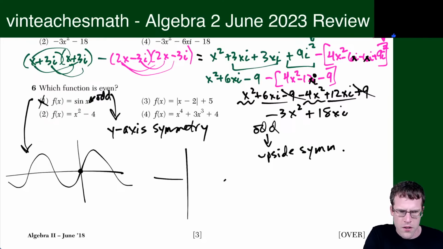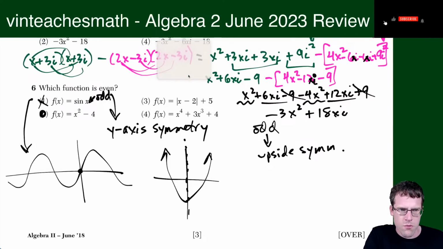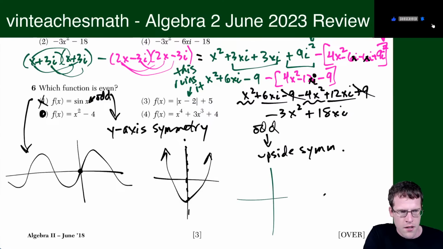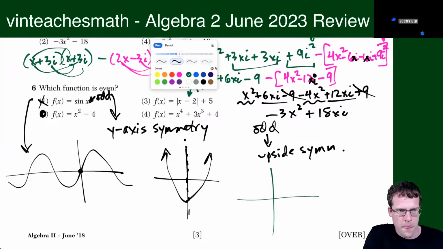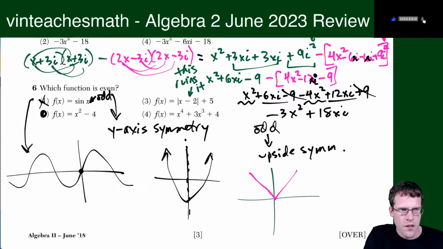This one looks good. X squared minus 4 looks like this. Okay, so there's that y-axis symmetry. So that one's looking good, but let's see why the others are no good. This one is almost good except for this part. This ruins it, because there's an absolute value, and it's like I take the absolute value and move it to the right 2 and up 5.